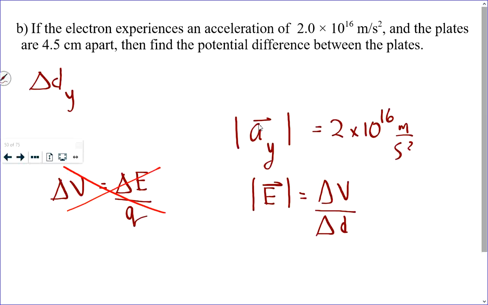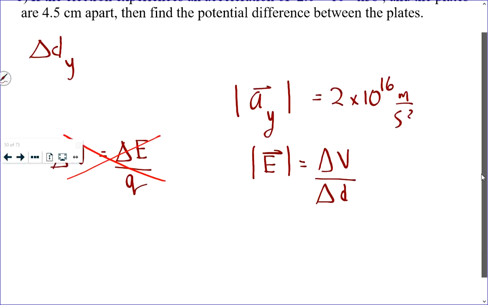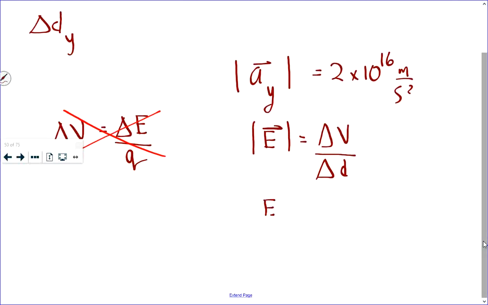And here's the problem-solving strategy I want you to take in all of this today. This voltage is what we're trying to find. What in this equation is preventing us from finding the voltage? The electric field strength. We don't know the electric field strength, but electric field strength is electric force divided by charge.